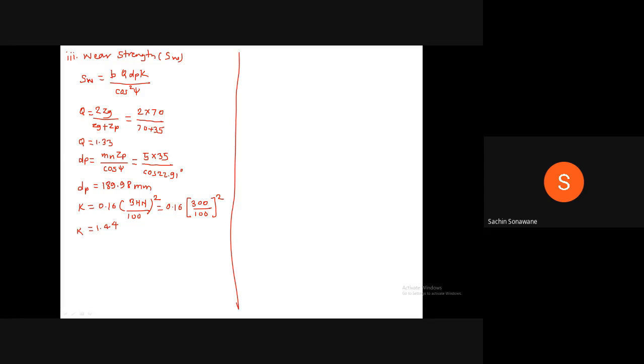1.44. Now substitute all three values in SW and calculate SW.